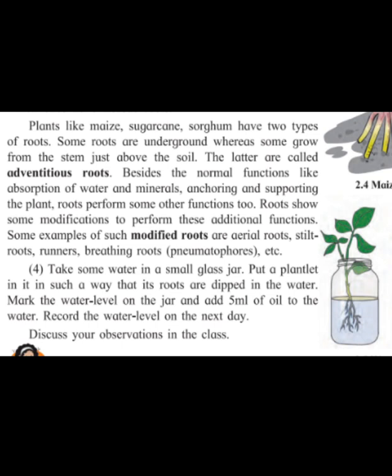The level of the water will go on decreasing day by day. This is so because the roots of the plant will absorb the water for their growth. Day by day you will see the level of the water decreasing and the plant will grow from a plantlet to a plant.